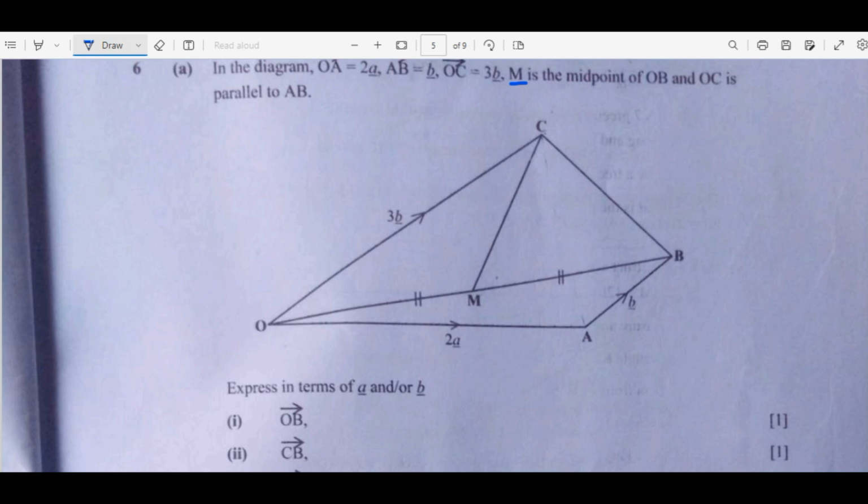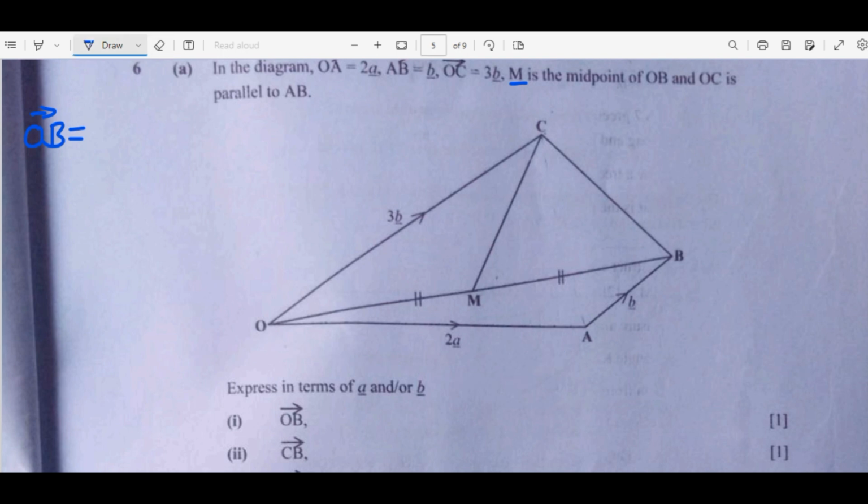The first one, vector OB. If we want to move from O to B, which route can we use? We can use the vector OA since we have the value, and from A we use AB. Wherever you are using it, you need to have the value.